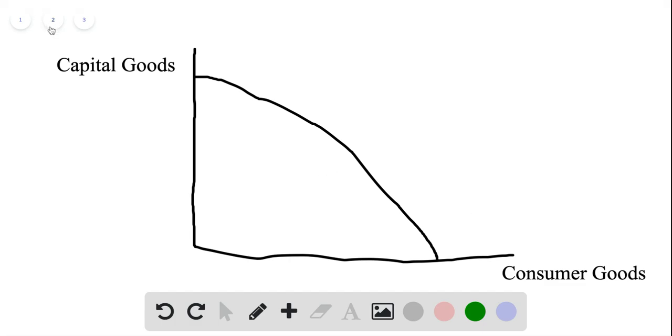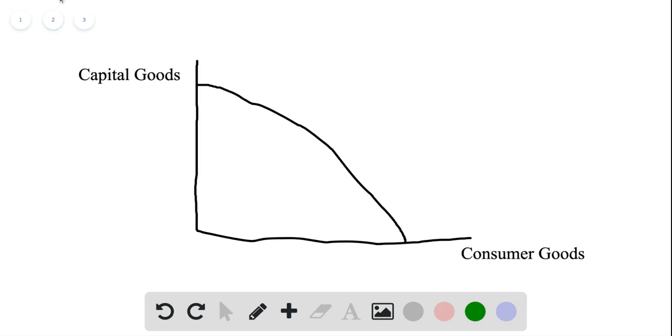The second question is, what happens when there is a technological advance for capital goods? What's this curve going to look like? Well, if there is a technological advance for capital goods, that means that the making of capital goods is going to do better, whereas consumer goods will remain the same.